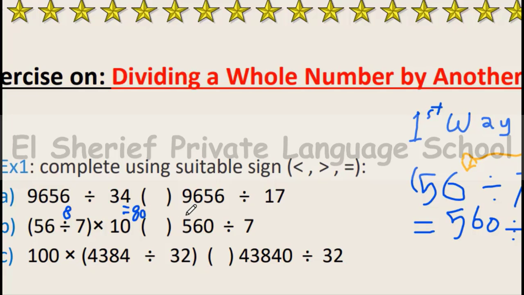But on the other side, if we have 560 divided by 7, put 0 as it is and cover 0. So here we have 56 divided by 7 equals 8. So the two sides are equal.